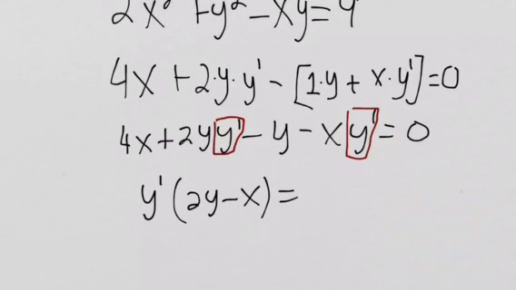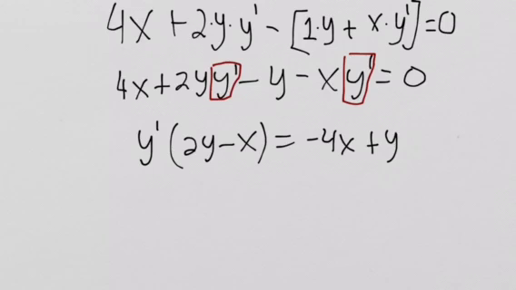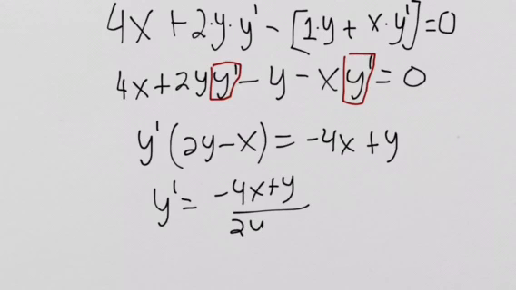On the other side of the equation, I'm going to subtract my 4x over, so I get minus 4x. And I'm also going to add this minus y over, so that's going to be plus y. So then my final y prime is going to be negative 4x plus y divided by 2y minus x.